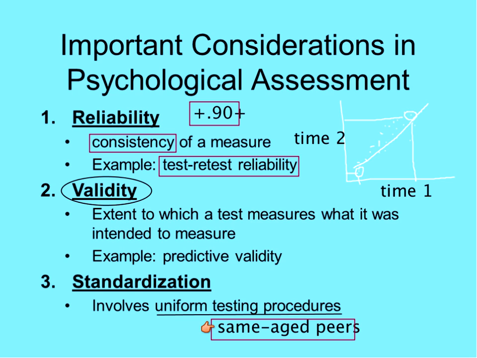When I get done administering this new Lamecus IQ test to you guys, I'm going to need to compare your performance to thousands of other 18-year-olds who are part of what's called the standardization sample for our test. So in other words, I administer the test using these uniform testing procedures to thousands of other 18-year-olds.